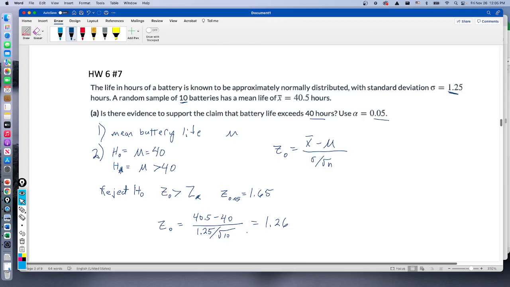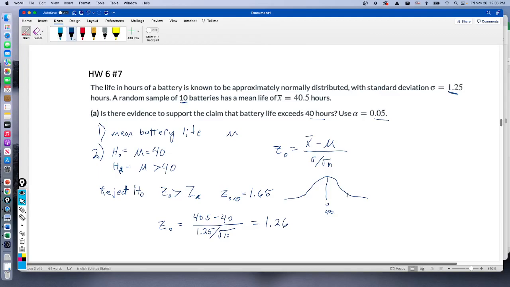Now, what does that mean? Again, what this is saying, the z of 1.65, remember if we look at the normal curve, here's the mean, which a standard score would be 0, but for our data is actually 40. 1.65 is over here, on the positive side, since we're looking for greater than.